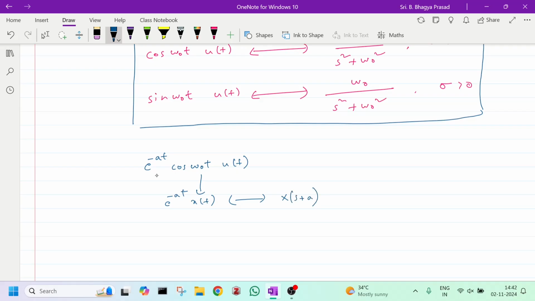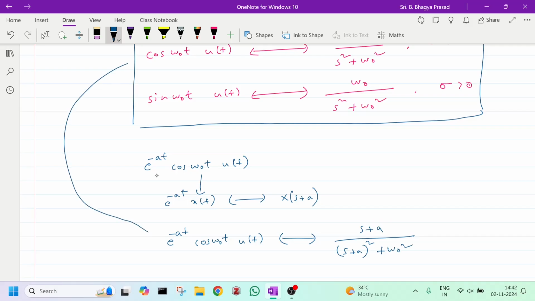Okay, so the transform for e power minus at cos omega naught t u of t is s plus a by s plus a whole square plus omega naught square. Okay, I am using this one.